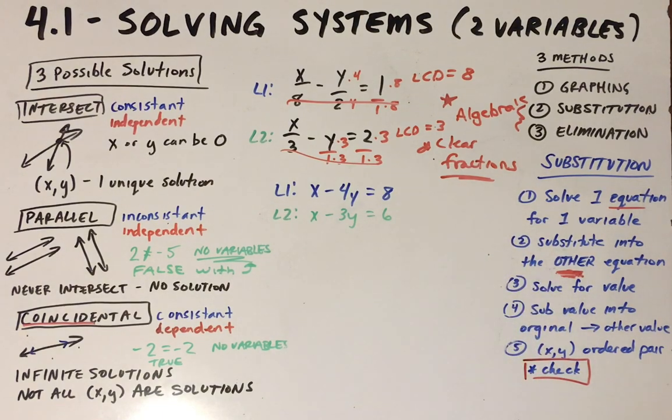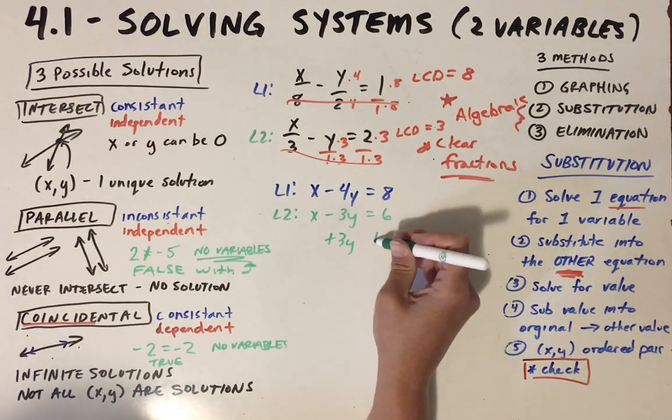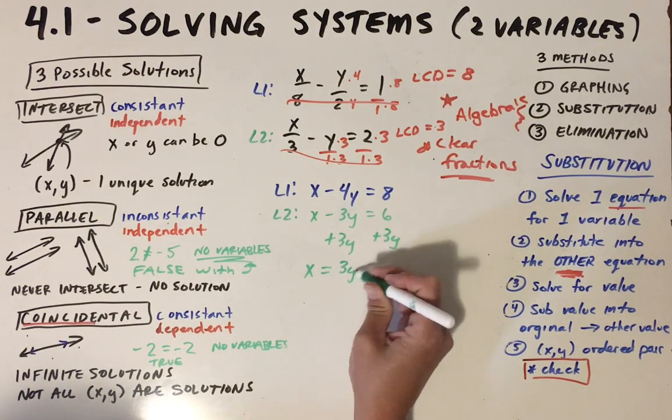Now, which equation do I want to solve for which variable? It doesn't really matter at this point because they both are only one step to solve for x. So no problem here. Let's solve equation 2 for x. I'm going to add 3y to both sides, and I get that x is equal to 3y plus 6.